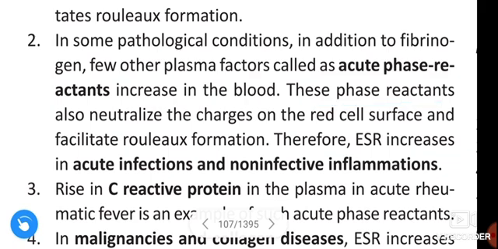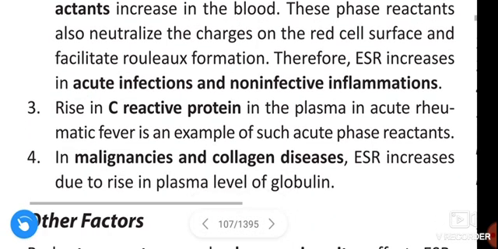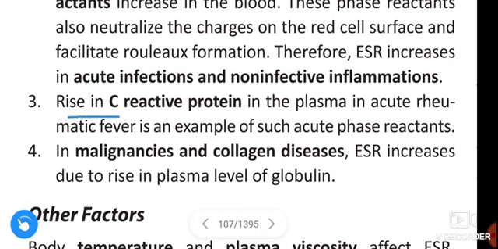These acute phase reactants also neutralize the charges on the red cell surface and facilitate Rouleaux formation. Therefore, erythrocyte sedimentation rate increases in acute infections and non-infective inflammations.